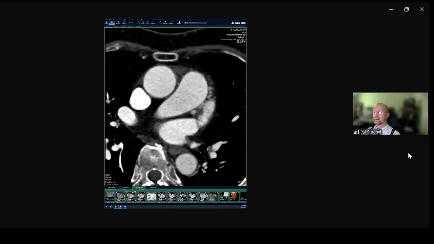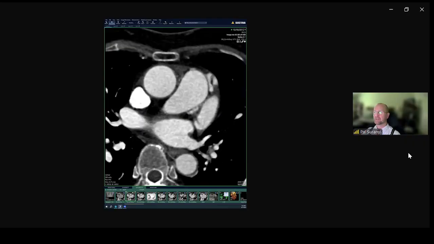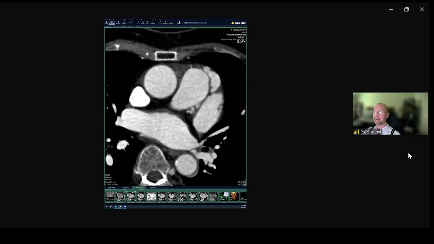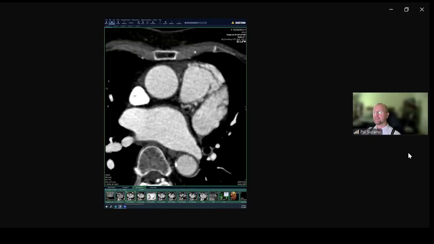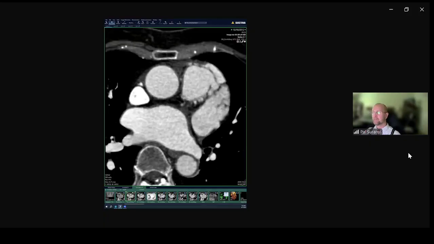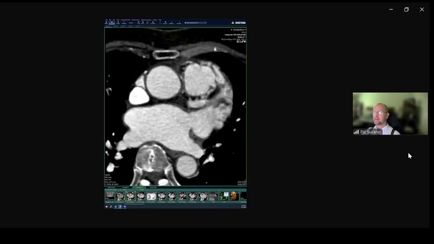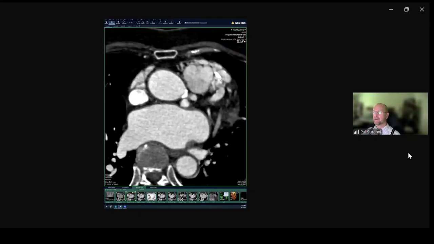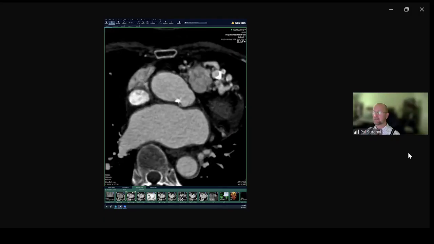Going from the main pulmonary artery, you already notice that there are some serpiginous, really dilated vessels here, just adjacent to the main pulmonary artery. Here you see an actual communication with these dilated vessels. Keep scrolling down. You also see some calcifications within the vessels.